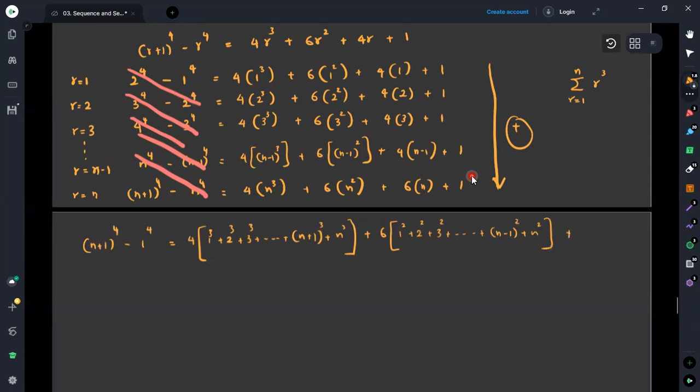And then the next set of values, it should be 4. A mistake has been made.